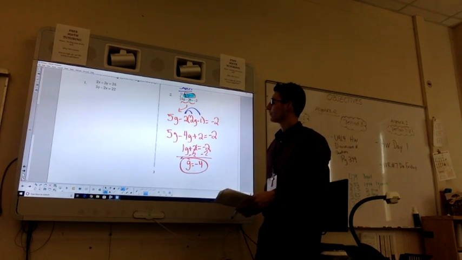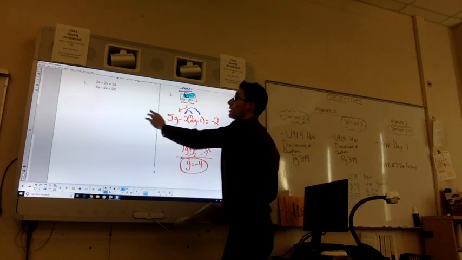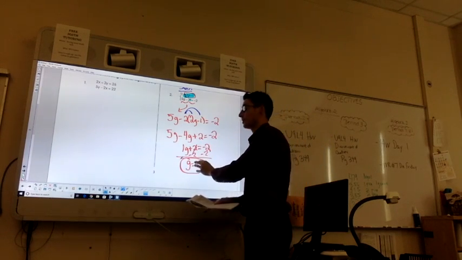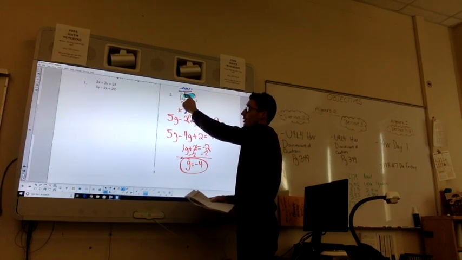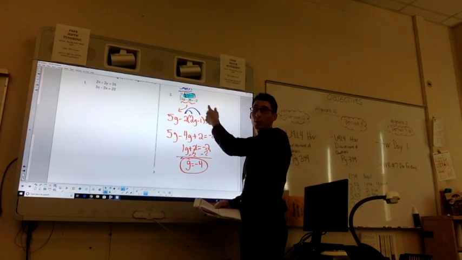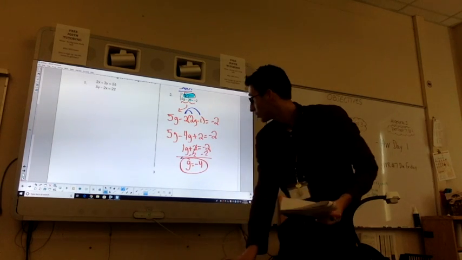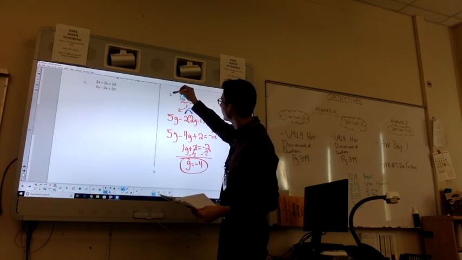Okay, so I found a letter, which is good. And then just like the previous problem, I can now take this letter and substitute it back into either equation. It doesn't matter because I know one of these letters, so it doesn't matter which one I use. So let's just use the easier one. Let's just use this piece here.